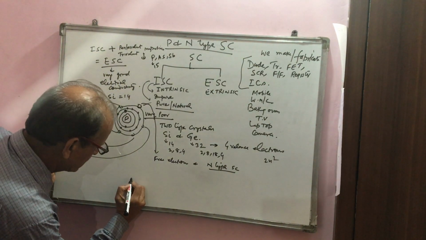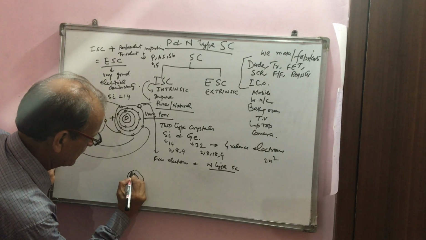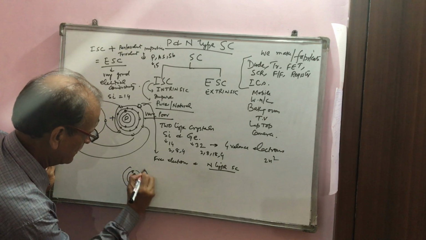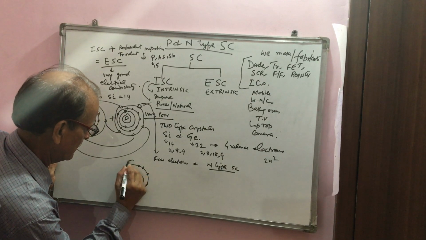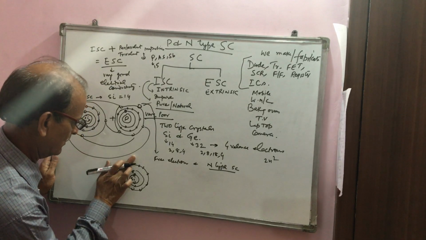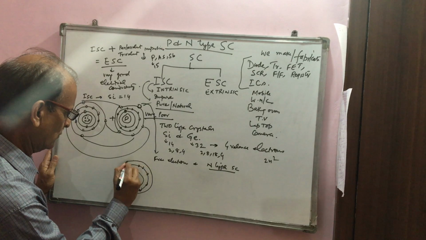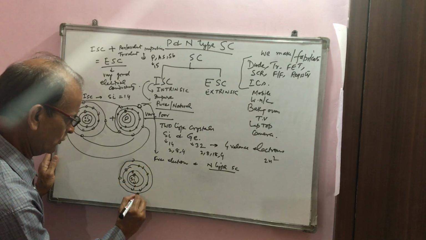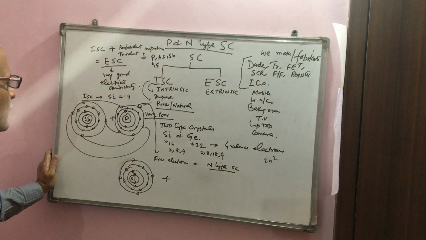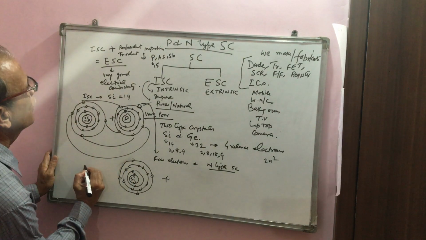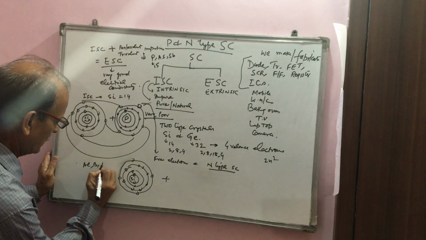Similarly, when in silicon we add trivalent impurity. Trivalent impurities are aluminum, boron, indium.